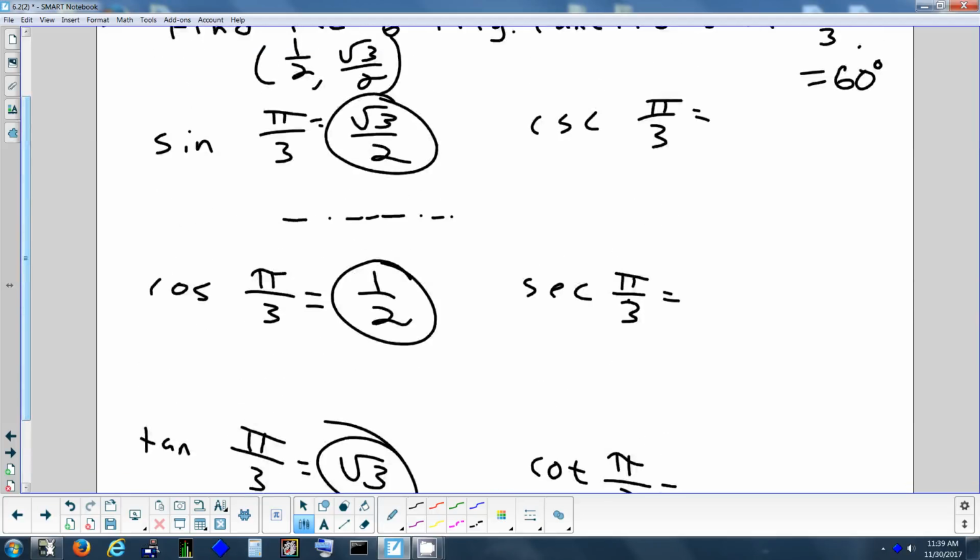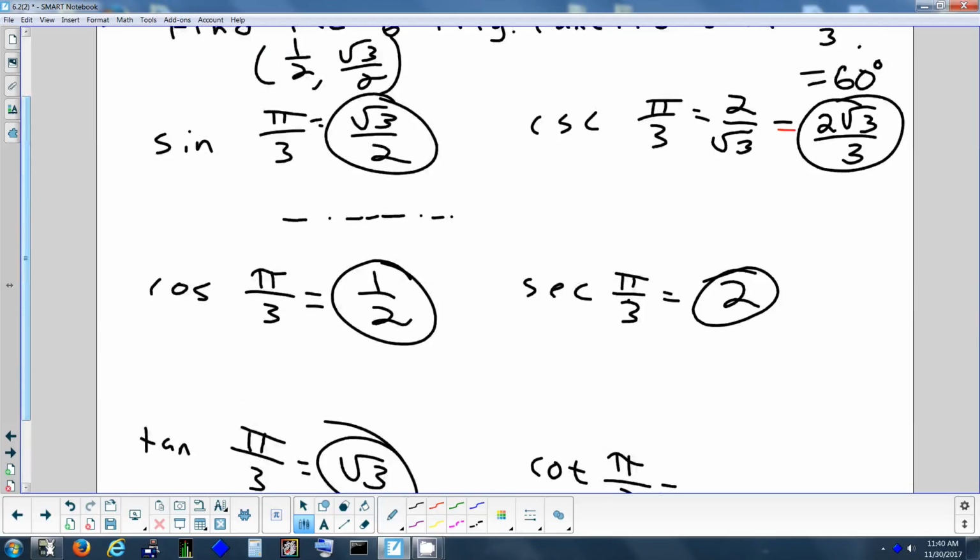Secant, that's a quick one. What's the secant? 2. Flip that. This one is going to be 2 over the square root of 3 when you flip it, but we just fixed it on the last problem. 2 root 3 over 3.